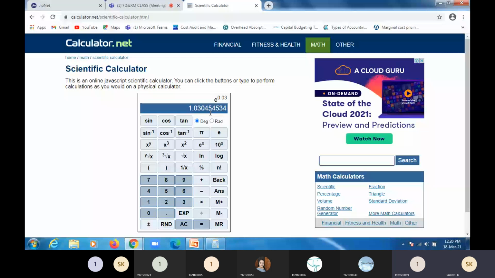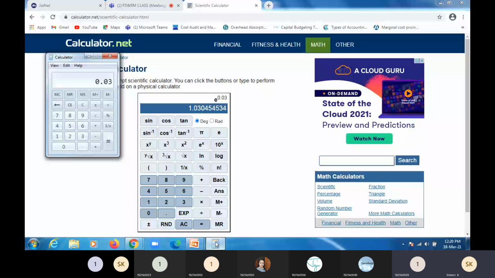1.0304. 0.003, ma'am. What? 0.003, not 0.03? See, I got 0.03. See here, 0.06 into 0.5, right?